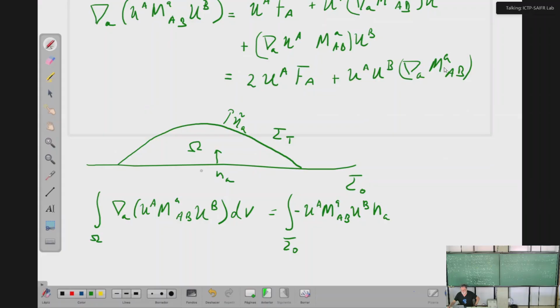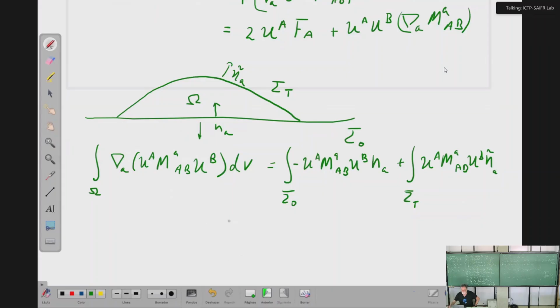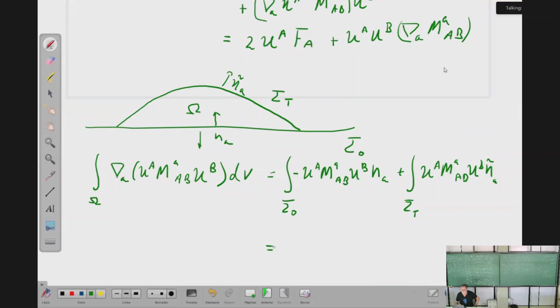So the normal outgoing will be this one. And then we have the integral over sigma t of the same thing, right? And so this, on the other hand, is equal to the source.